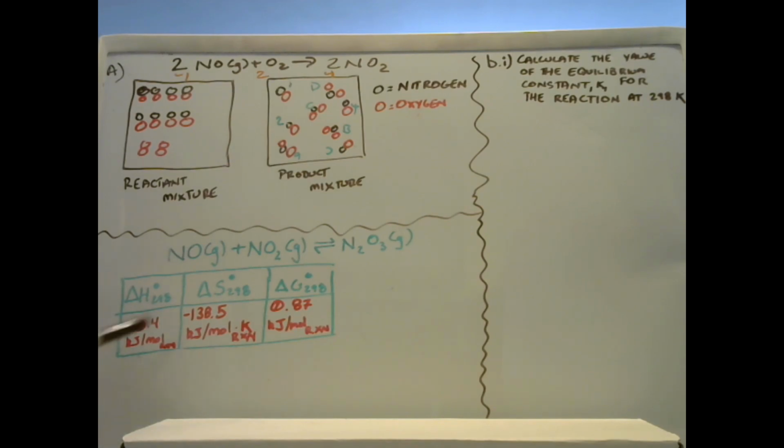We've talked about delta H, delta S. Delta G we've barely touched on, but we can still do some of the questions. B1 says calculate the value of the equilibrium constant K for the reaction at 298.